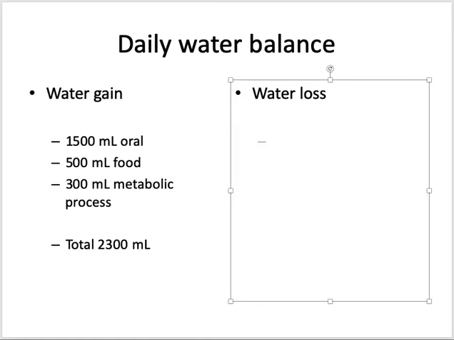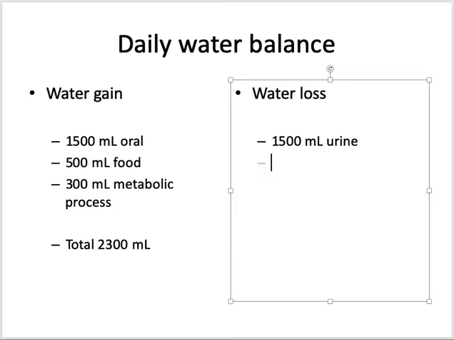One of the ways is of course urination, and normally we urinate around 1.5 liters of urine. We lose water in the stools as well, and we lose water from the skin too, depending on the weather, whether it's humid, hot, or cold.